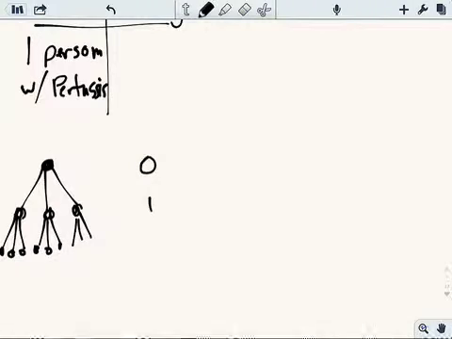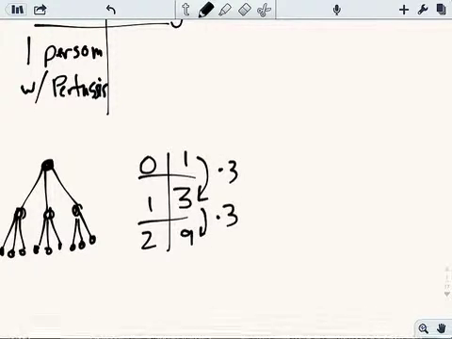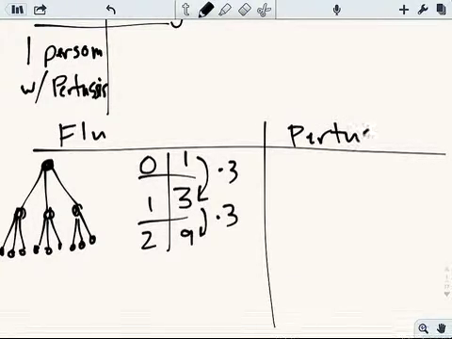Since each person who's infected infects 3 more people, we get this multiplication pattern. So if I'm writing this, this is 1 and then 3 and then 9. So I have times 3 and times 3. And that's for the flu, but I am analyzing pertussis here.